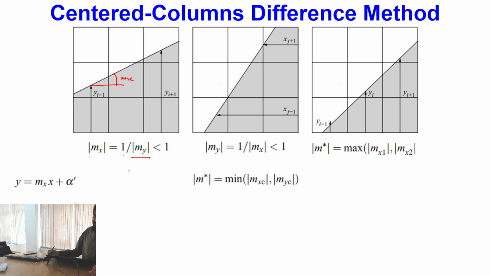So considering their mod, mod of mx has to be equal to 1 by mod of my. And in this situation, if this is mx, then your my part will be more, and ultimately this 1 by my value will be less than 1.